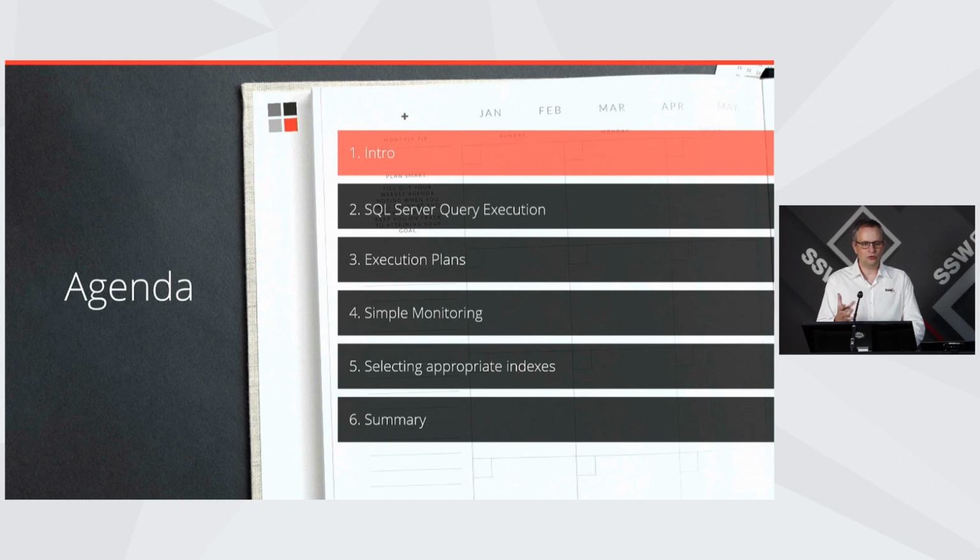We'll then talk about monitoring and how we can find out what the expensive queries are. And then we'll talk about selecting appropriate indexes, because selecting appropriate indexes gives you by far the most control over SQL Server performance with the absolute minimum of effort. And then we'll just have a quick summary of the key points we've covered as we went along.